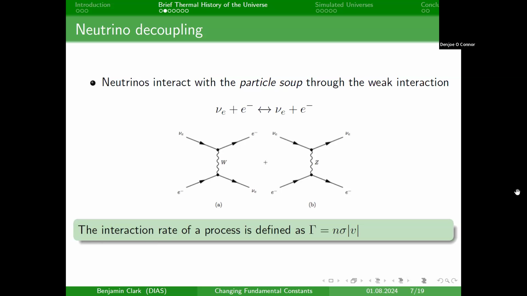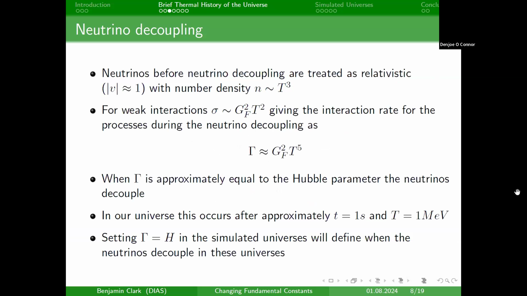So very early on in the universe, everything was relativistic, so we can take v equal to 1. Neutrinos here are also treated as relativistic, and because they're so light, they were thought not to have mass for a long time. Turns out that they do. We also treat them as relativistic, so v is equal to 1.